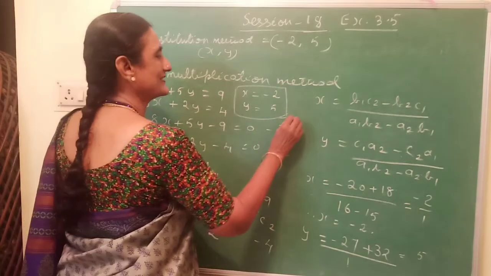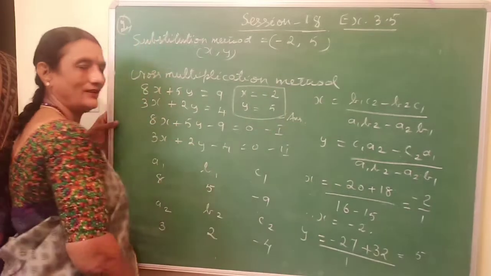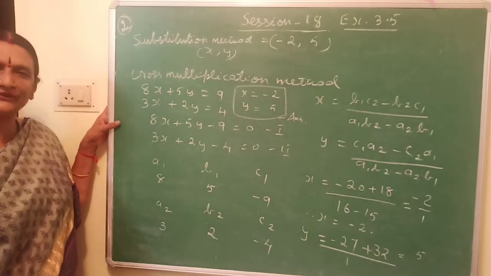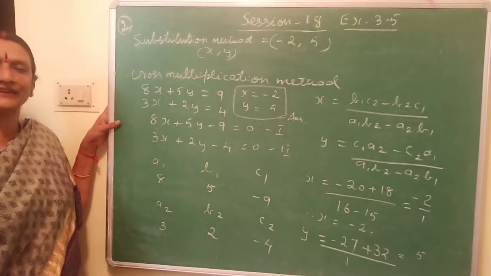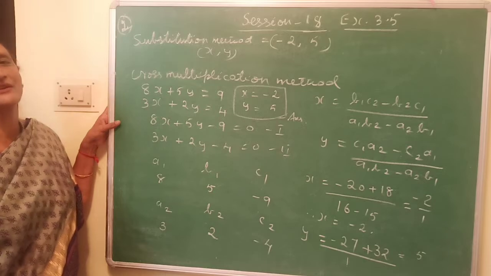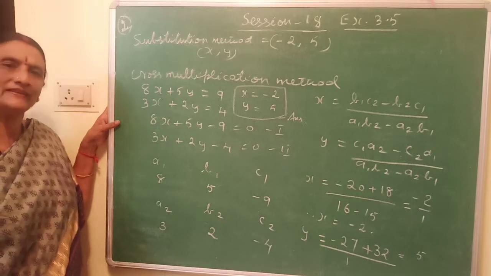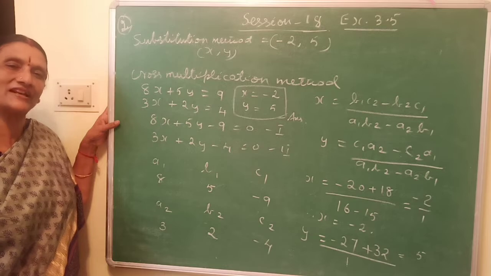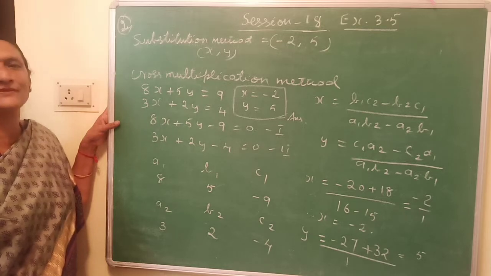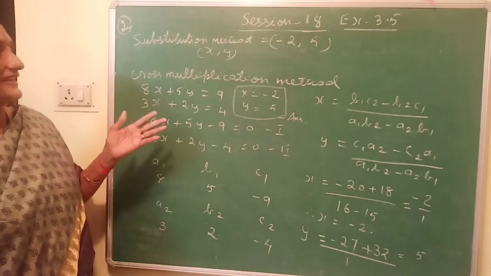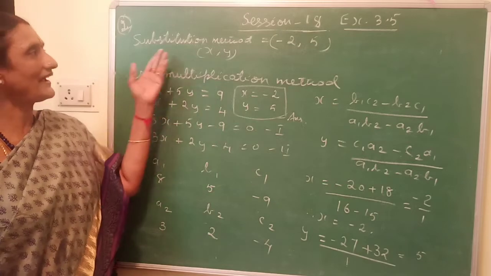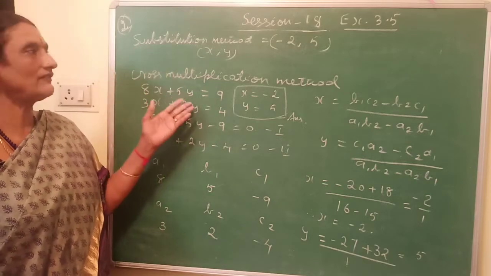So in the beginning itself, what did I tell you? Whatever method you try, the solutions will be the same. Do you remember in the last session we tried with substitution and elimination method to get the same solution? In this particular sum, we have tried the equation solving in two methods.